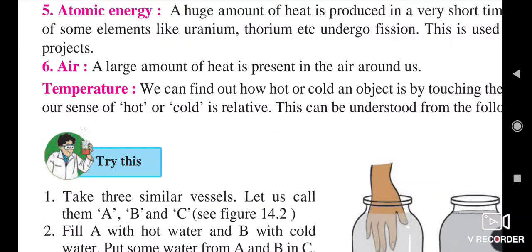The sixth source is air. A large amount of heat is present in the air around us. Hot air also generates heat on the earth.